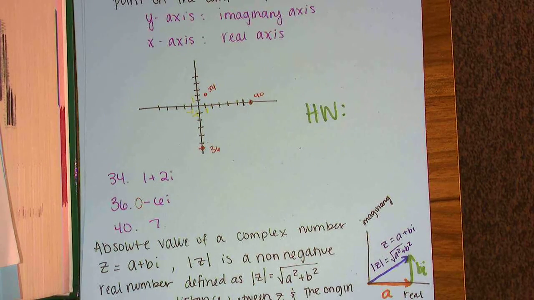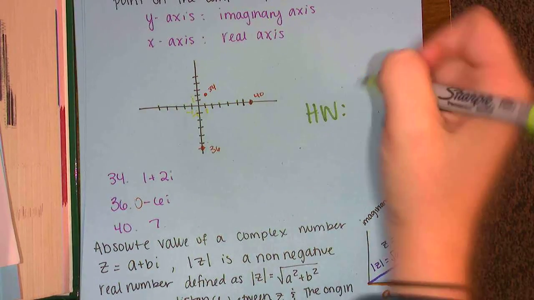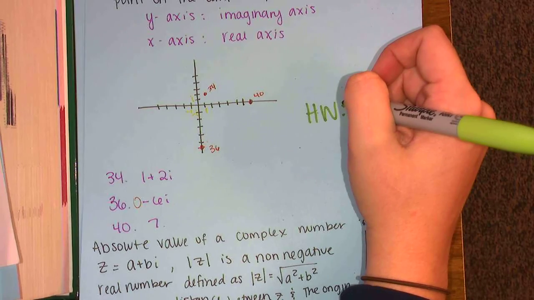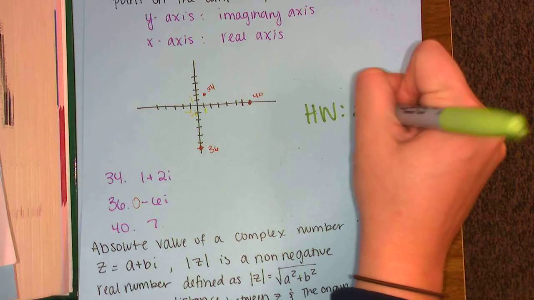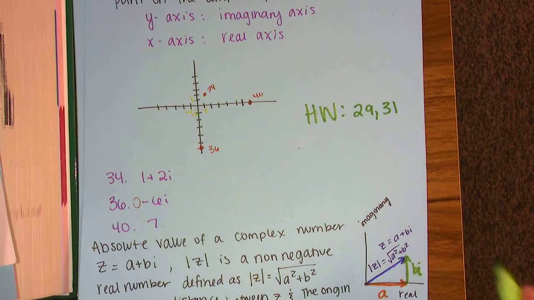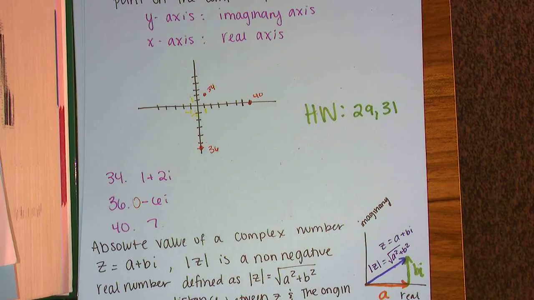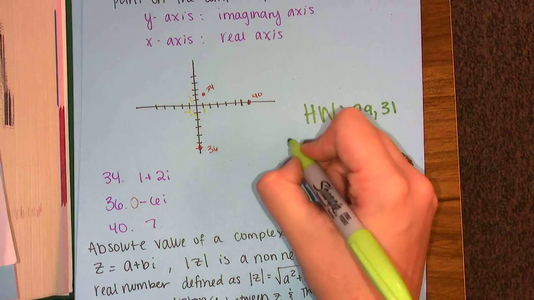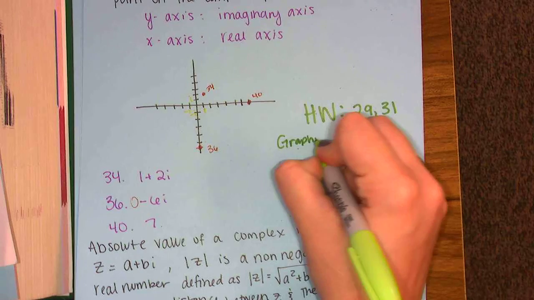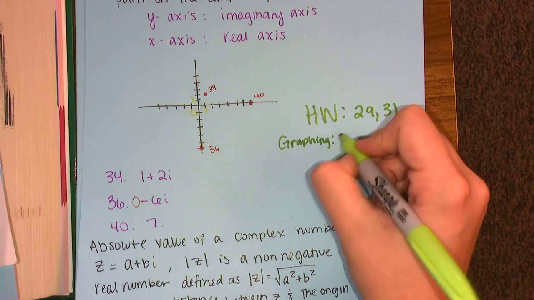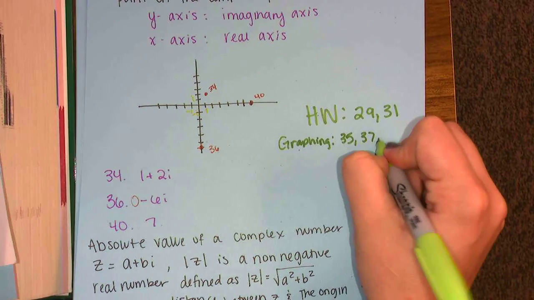Because I'm giving you several of the ones that you're graphing, so that's why I need to actually add those. It's going to be like 5 because the graphing ones are all going on one problem. So in terms of the dividing ones, 29 and 31 are the ones that you're multiplying by the conjugate, stuff like that. Then the graphing, all on one problem, 35, 37, 39, and 41.